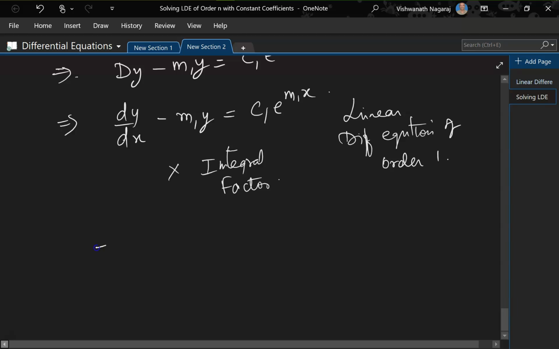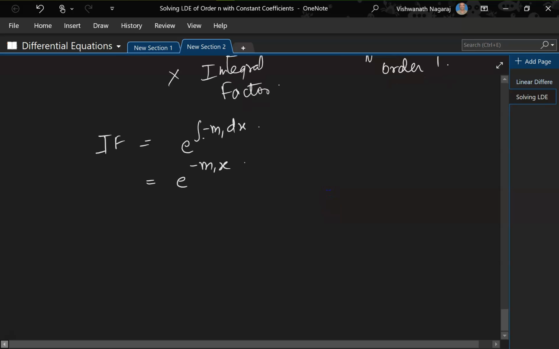The integrating factor is e to the power of integral of minus m1 dx. Now when we integrate the exponent, what do we get? We get minus m1x. Minus, we can take it out, m1 dx is nothing but m1x.